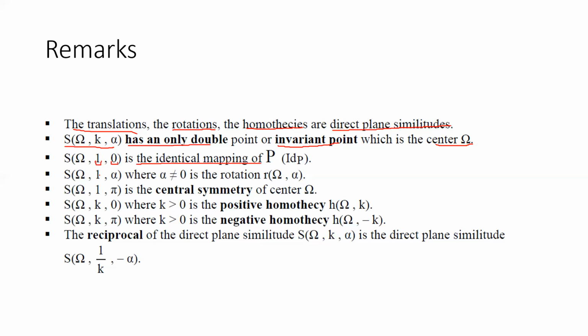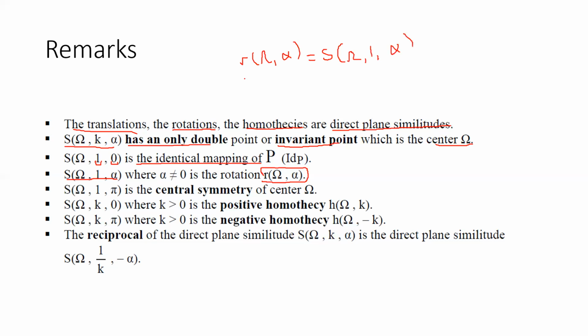S omega 1 alpha, يعني ال k is 1. Whenever k is 1, the similitude is called a rotation. In this case, rotation omega alpha. So we can say rotation omega alpha is the same as similitude omega 1 alpha.